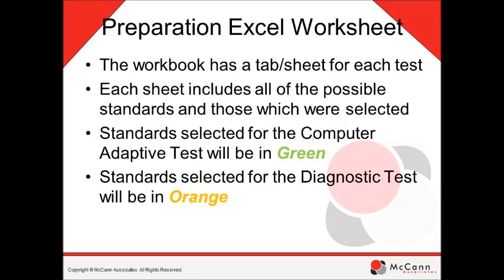On the Excel worksheet, you will find a sheet for each of the 4 versions of the tests students might receive. Each of these sheets will include all the possible standards and those which were selected for each assessment. Those standards selected for the computer adaptive tests will be listed in green, and those standards selected for the diagnostic tests will be listed in orange.